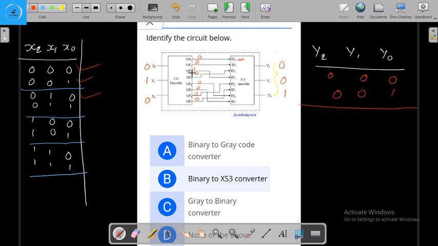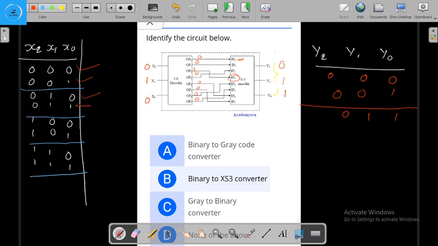This op2 is connected to ip3. So for 0 1 0, ip3 will be activated, and we are going to get the output 0 1 1. So for 0 1 0, we are going to get the output 0 1 1.